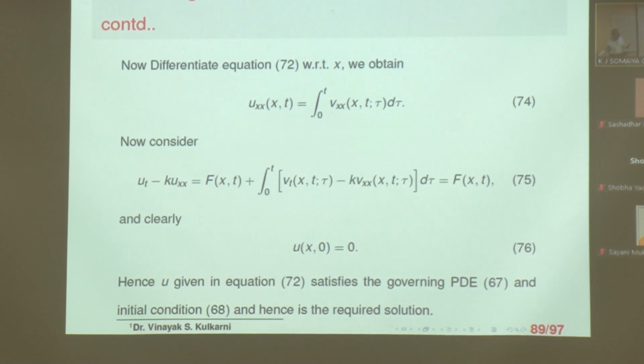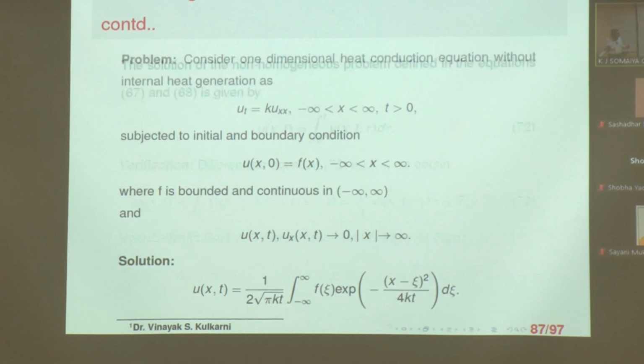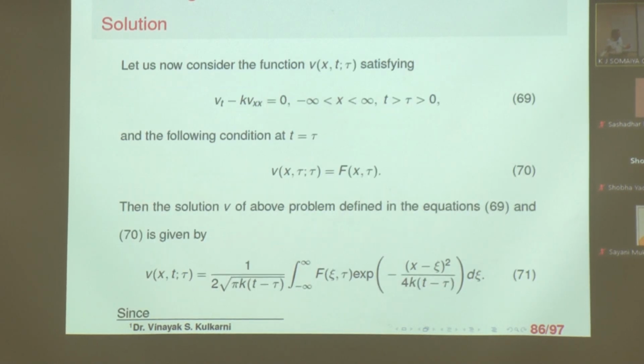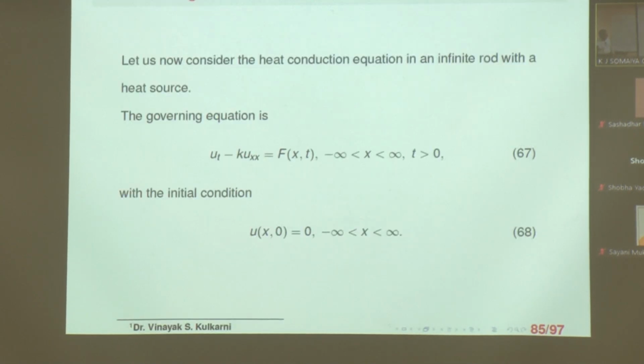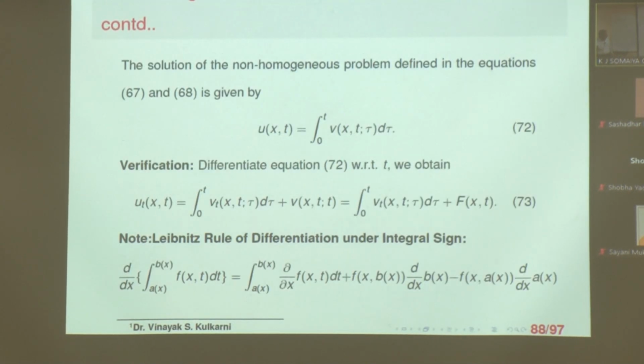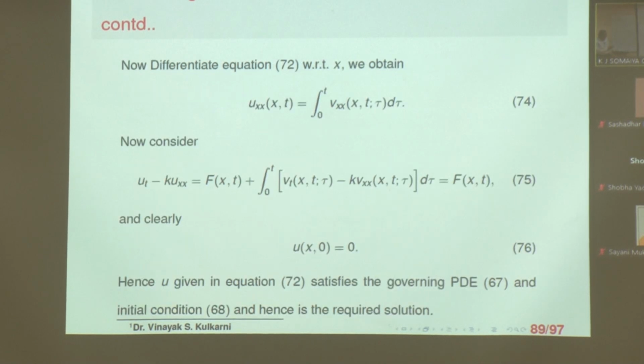If you go back and see, this is the parallel problem: v_t minus k v_xx is 0, and its initial condition is f(x, tau). So this integrand term is 0, the initial temperature is there, and therefore I got only f(x,t), and therefore the governing differential equation is satisfied.